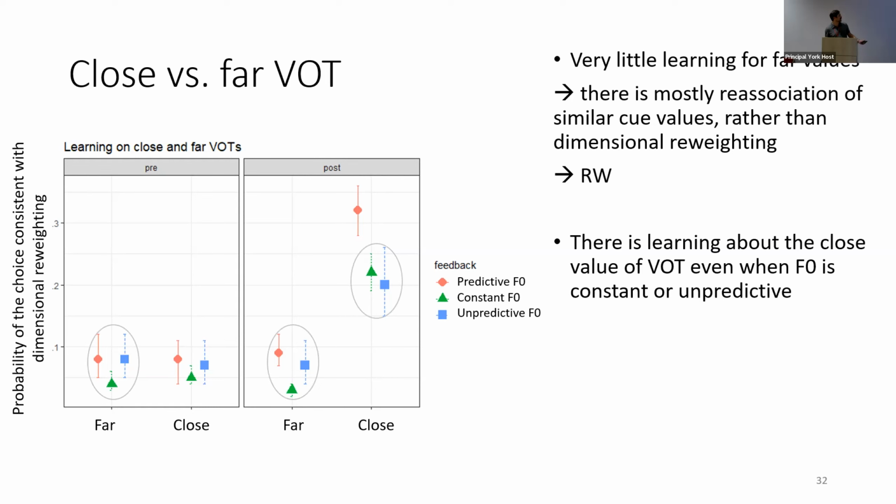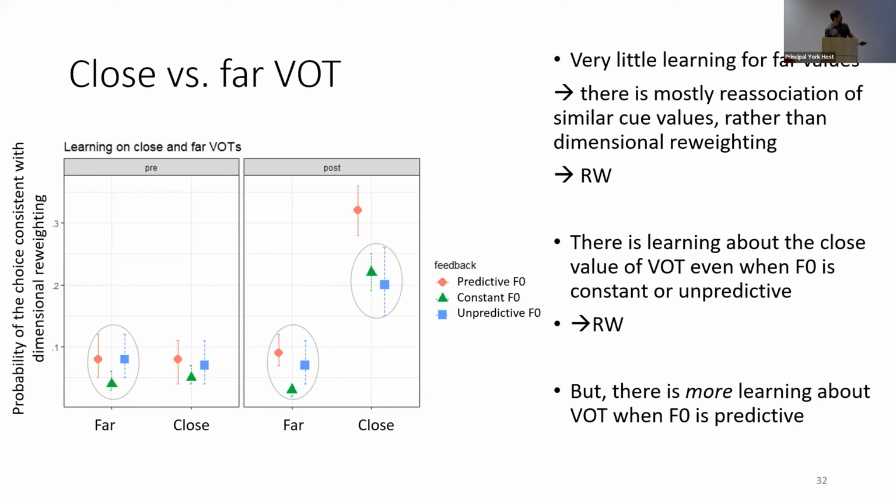They're reducing how predictive it is, even though F0 is useless during training. And that's also consistent with Rescorla-Wagner. But on the other hand, there is more learning about VOT when F0 is predictive. So in fact, if you do have F0 being predictive, you get more downweighting of that close value of VOT. Okay, so that's not consistent with Rescorla-Wagner and consistent with our model.